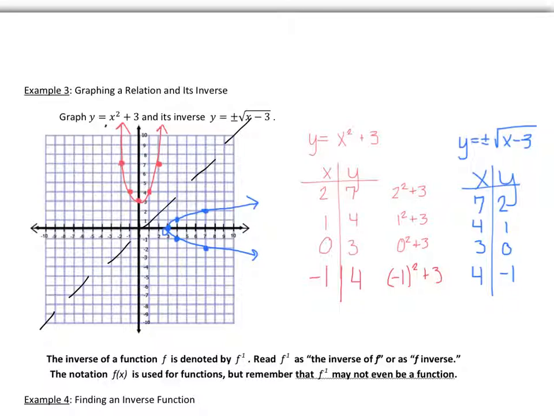But one is actually going sideways. Any questions? Okay, so if you wondered what would make a parabola turn sideways, it's the square root instead of the squared. That's what makes it go sideways.